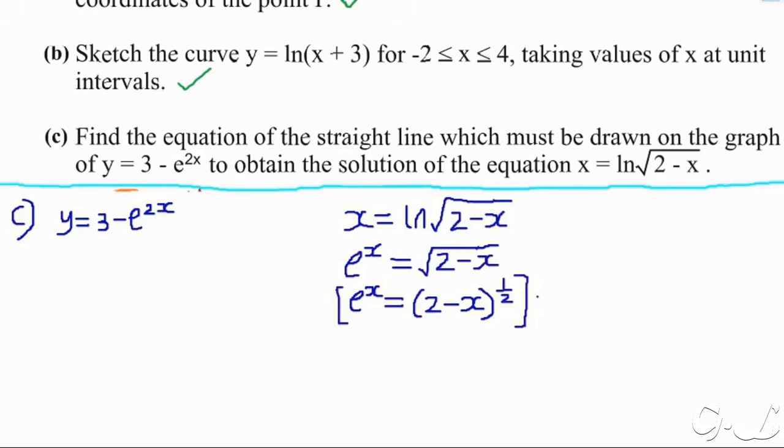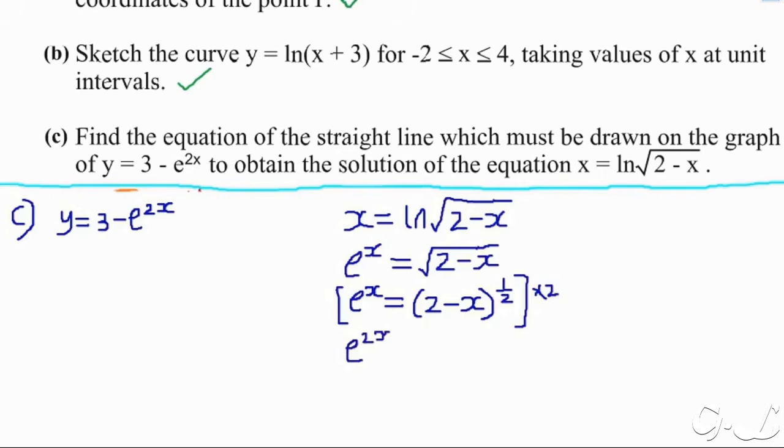Now what we have to do is multiply the powers by 2 so that we get rid of that 1 over 2. When you multiply x by 2, it will give you the value of 2x.